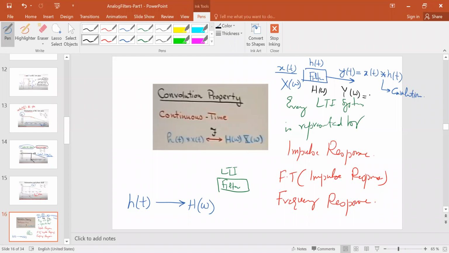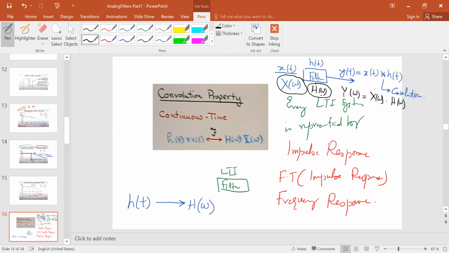So this becomes x of omega multiplied with h of omega. So convolution becomes multiplication in the frequency domain. The whole behavior of the filter is that it takes the Fourier transform of the input, multiplies it with the frequency response of the filter, and gives you the output.